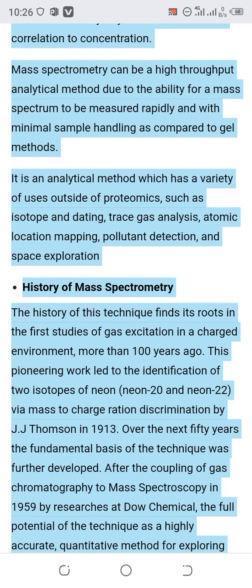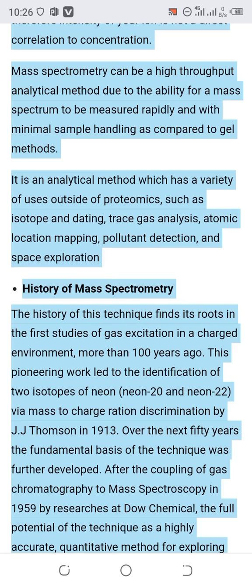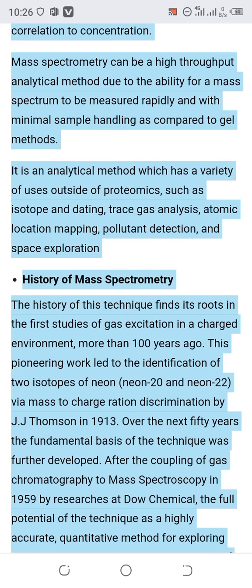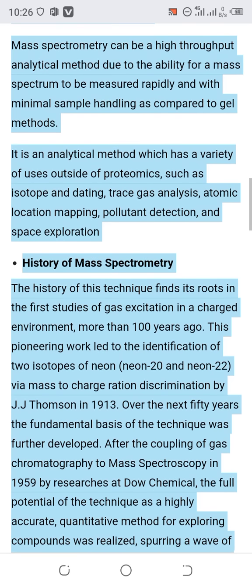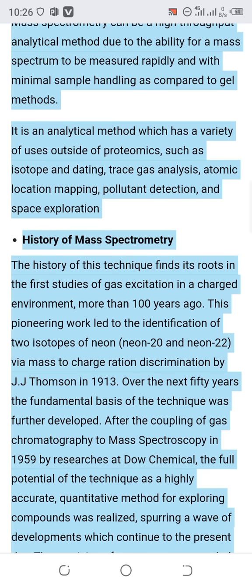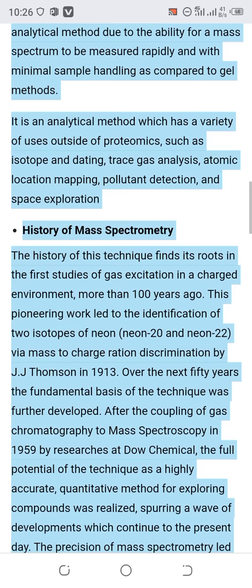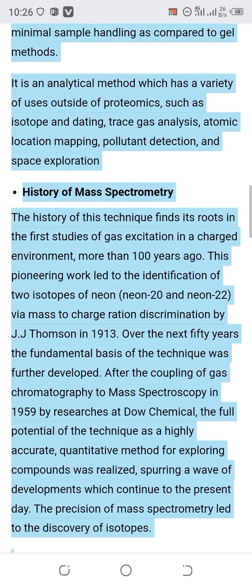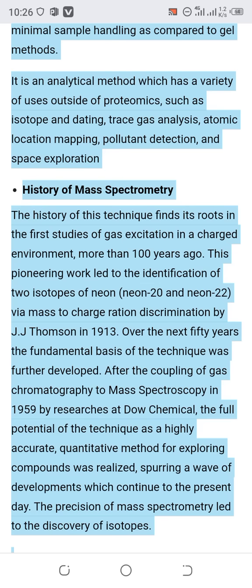After the coupling of gas chromatography to mass spectrometry in 1959 by researchers at Dow Chemical, the full potential of the technique as a highly accurate quantitative method for exploring compounds was realized, spurring a web of developments which continue to the present day. The precision of mass spectrometry led to the discovery of isotopes.